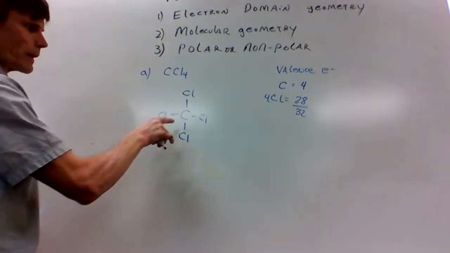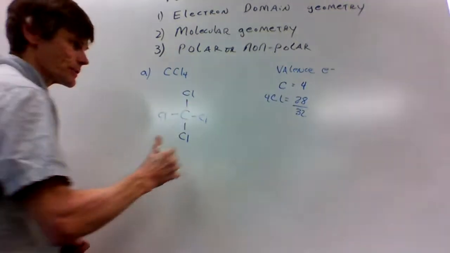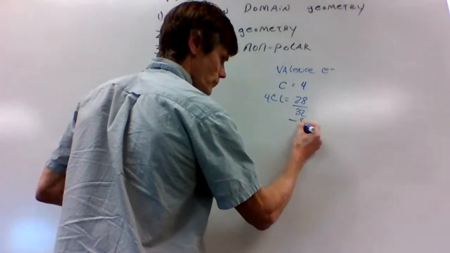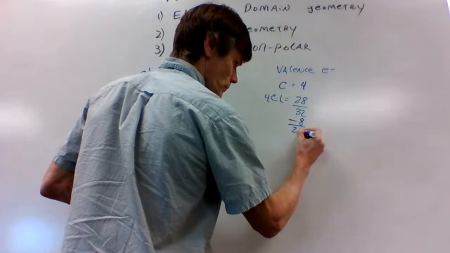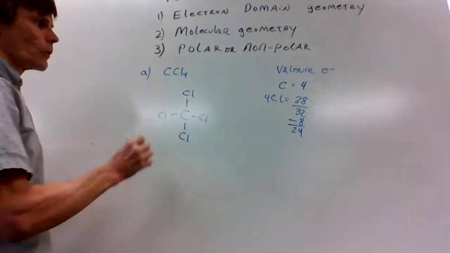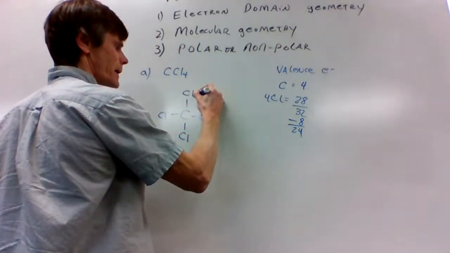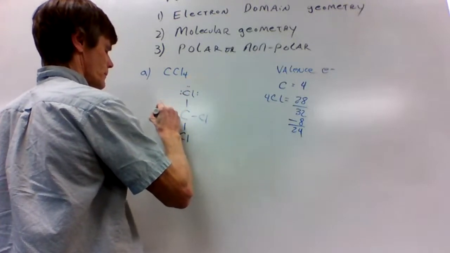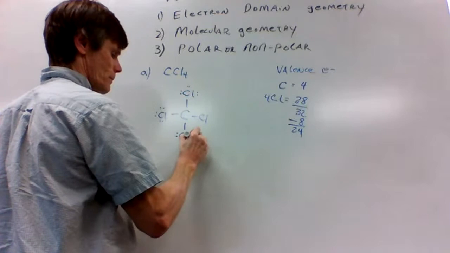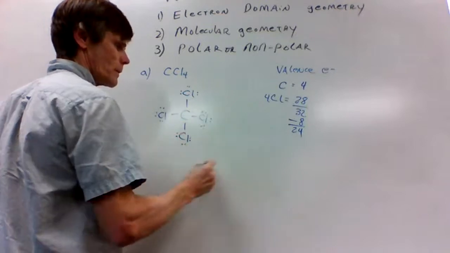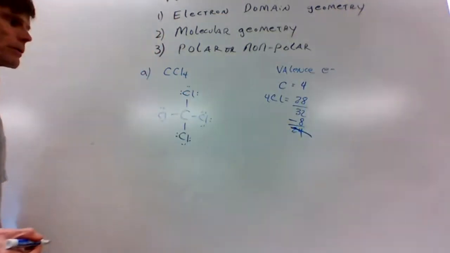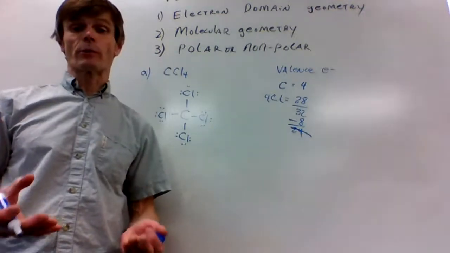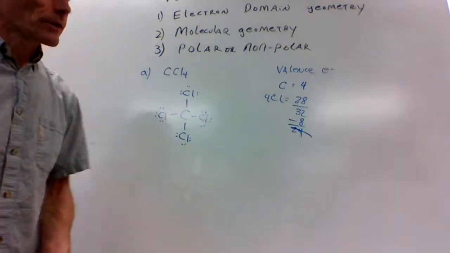And up to this point, we've used 8 electrons. And now let's fulfill the octets of our surrounding atoms. And we would see that we've used up all of our electrons that we have available to us.